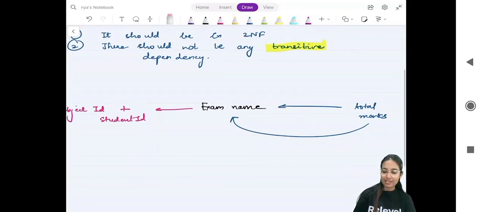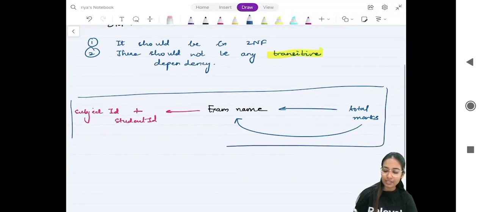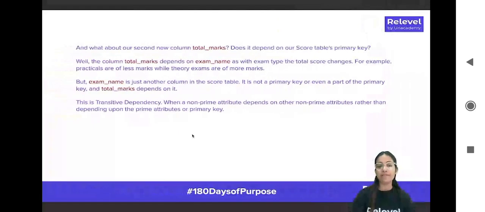In that case, this is a typical situation of transitive dependency, where a column is not directly related or dependent on the primary keys. It is in fact dependent on another column which is neither a part of any of the primary keys. Here you can see it says again that exam name is just another column in the score table.